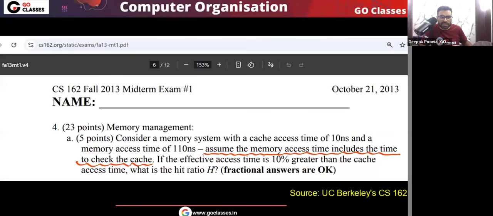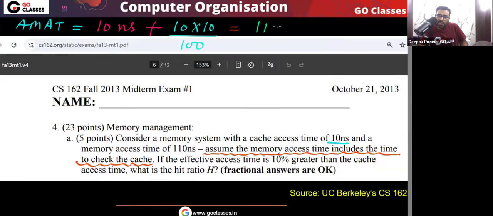And the question says that the average memory access time is 10% greater than the cache memory access time, which is 10 nanosecond. So the average memory access time is the cache memory access time plus 10% of it. 10% of 10 is 10 into 10 divided by 100, which is basically 1.